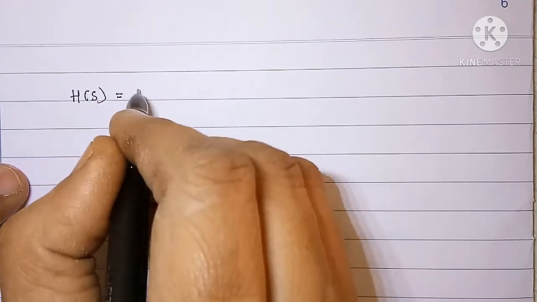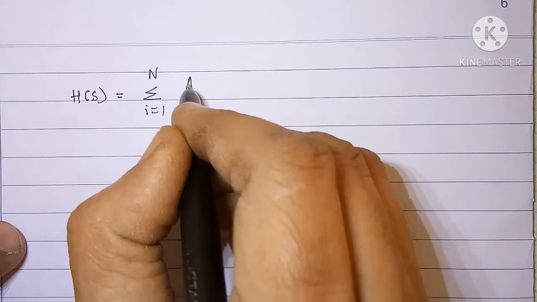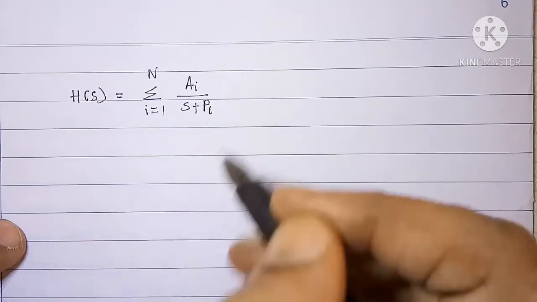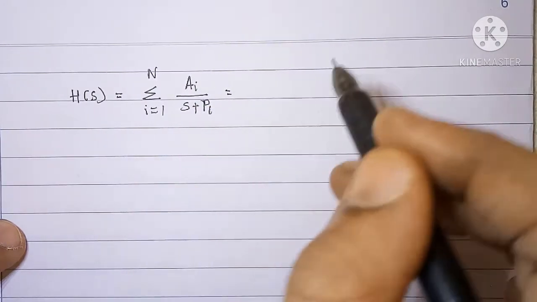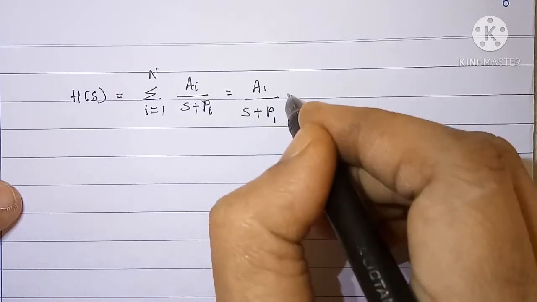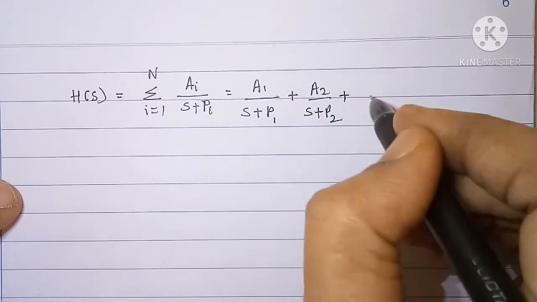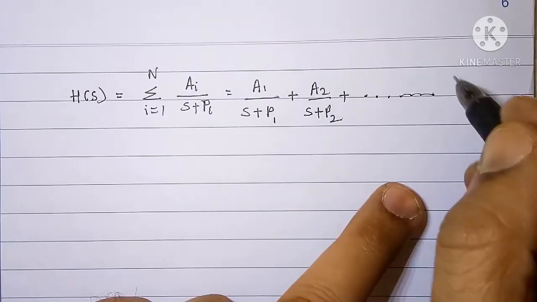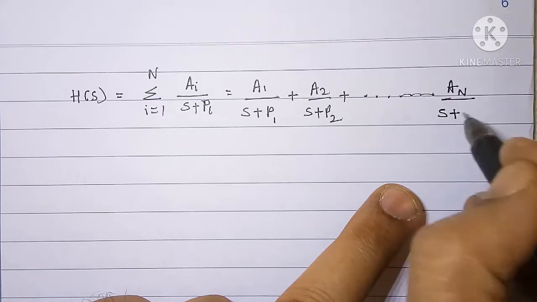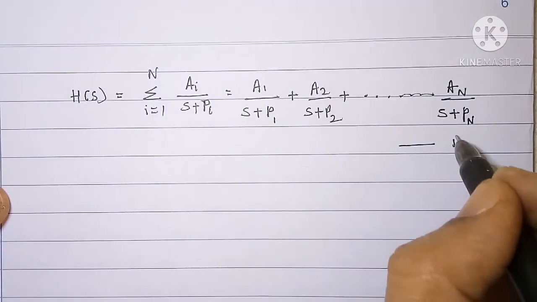H of s equal to summation from i equal to 1 to n, because there are n number of poles, ai upon s plus pi, that is equal to a1 upon s plus p1, p1 is first pole here, a2 upon s plus p2 plus and so on up to an upon s plus pn. So this is equation 1 now.